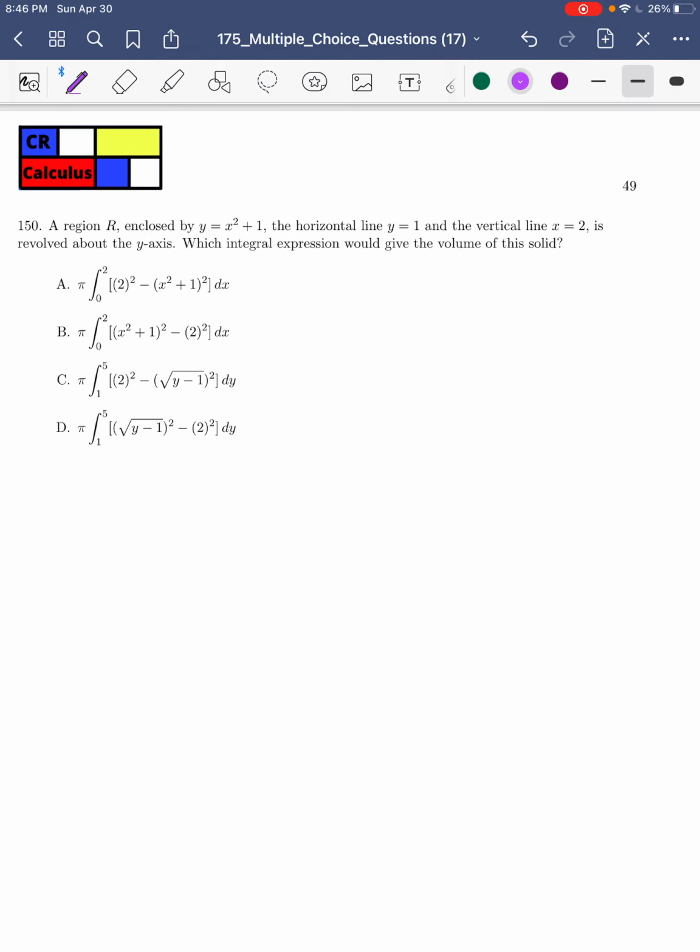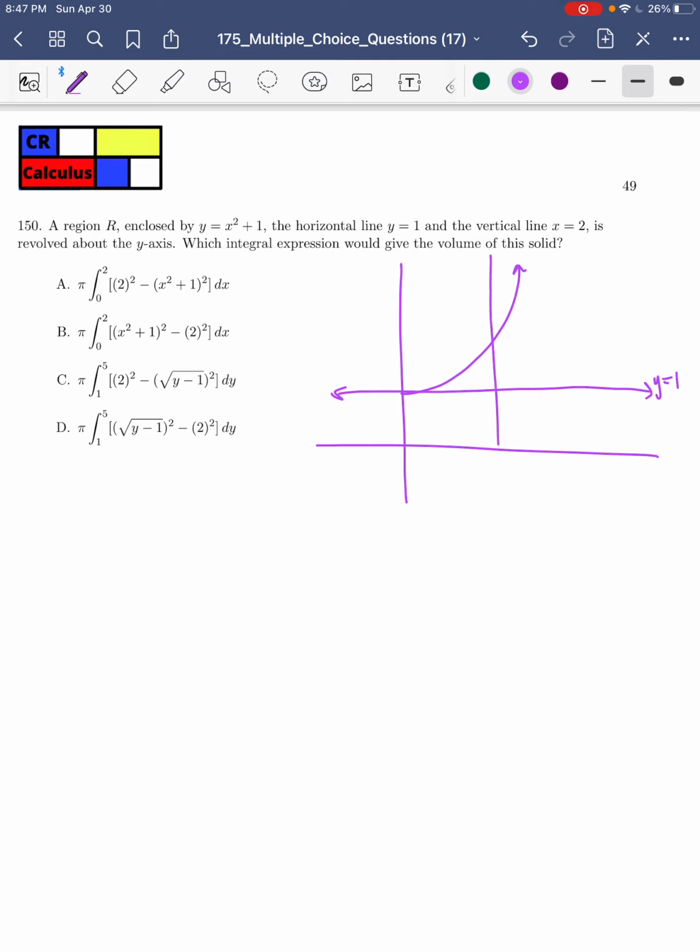And lastly, we have 150. Another one, just need to draw a picture. So, think here. So I have y equals x squared plus 1. It's going to be a parabola, just shift it up 1. Horizontal line, y equals 1. It's going to be here. Vertical line, x equals 2.